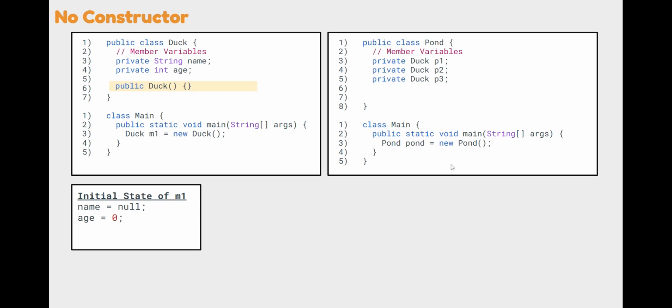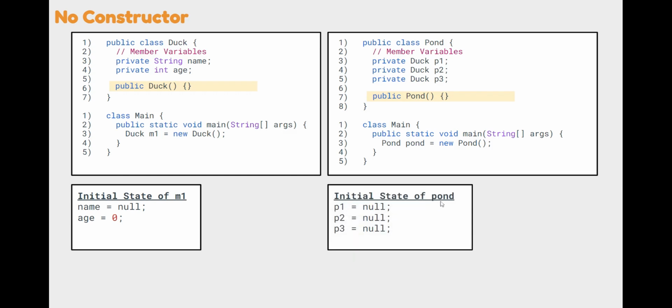Hopefully by this point, you are yelling at the screen that Java will add that no argument constructor into our class if we never put a constructor in there. And that the job of that no argument constructor is to initialize the instance variables to their initial values. Since these are all objects, the initial state of object pond, P1 would be null, P2 would be null, and P3 would also be null.